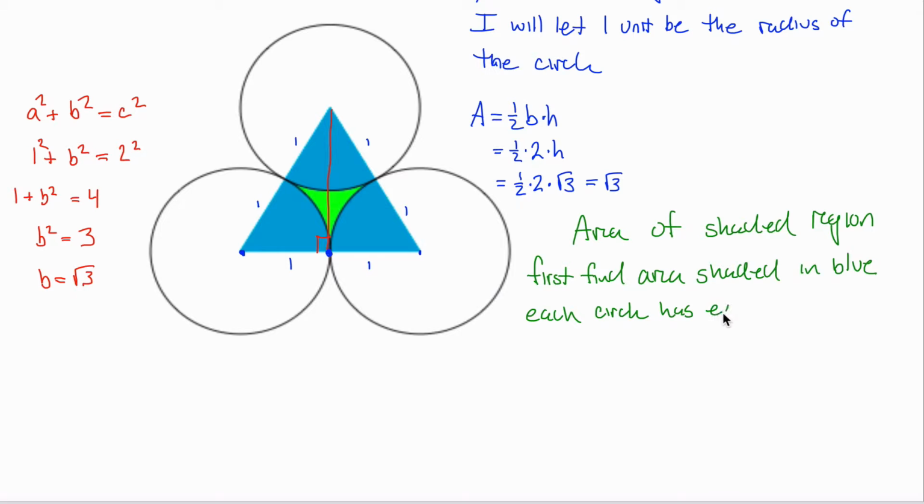has exactly 1/6 shaded, and that's because the angle is 60 degrees because it's equilateral.